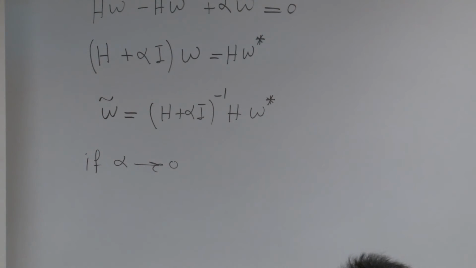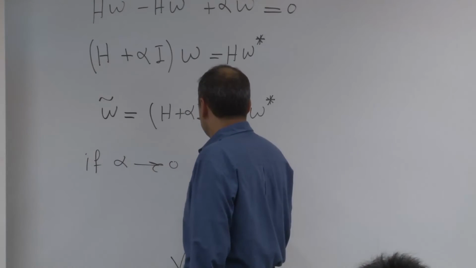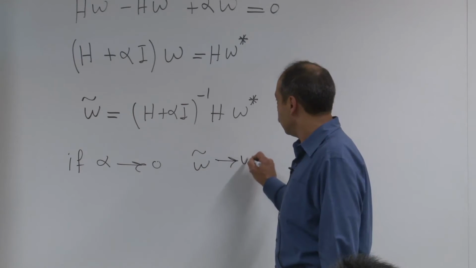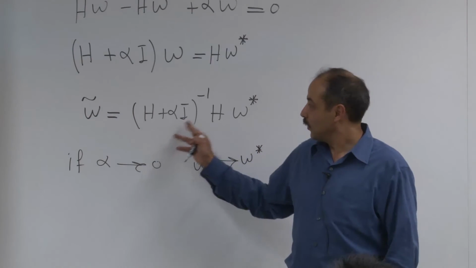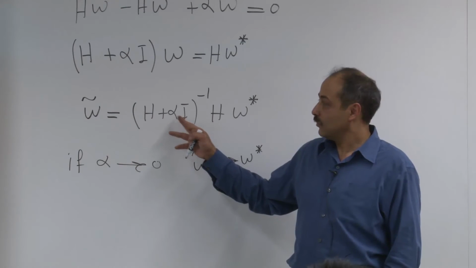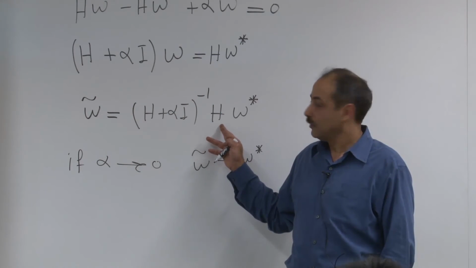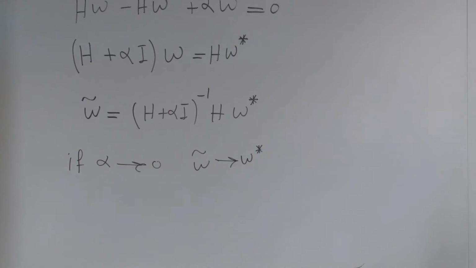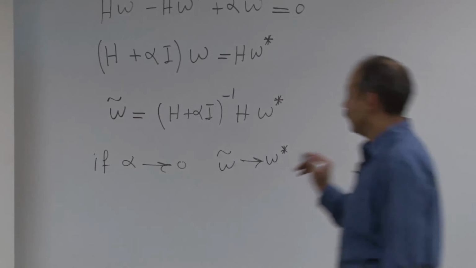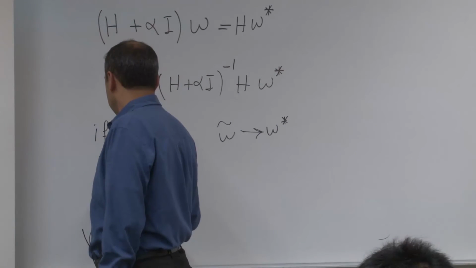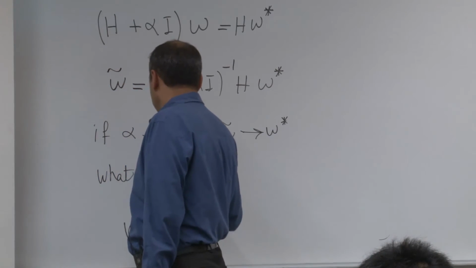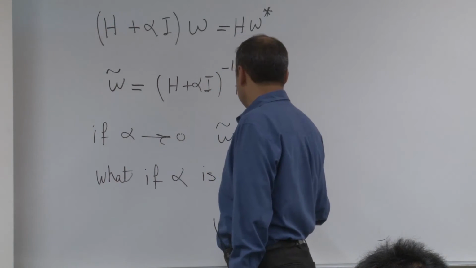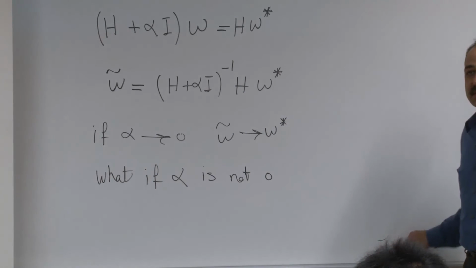If alpha goes to 0, W tilde goes to W star, right? Because this is going to be 0, and it's H inverse H times W star. So W tilde is going to be W star. So what if W star is not 0? So what's going to happen if W star is not 0?